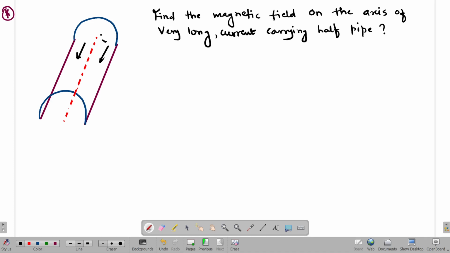Very long current carrying half pipe. Do it. Do it fast.